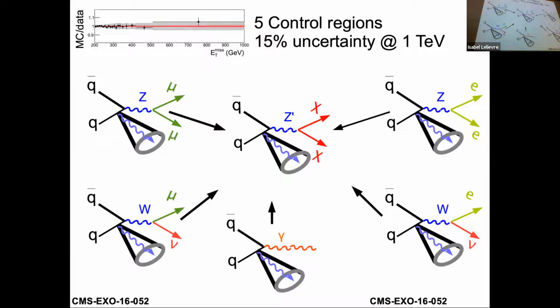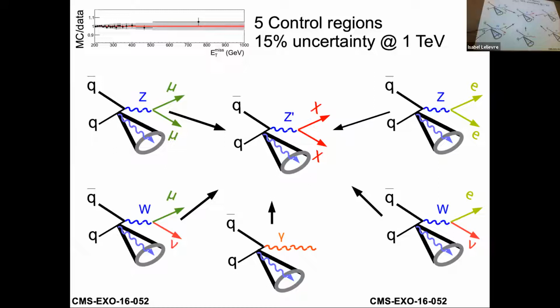All right, so now I just want to flash through many results and show you MET plus X. Once we got this technology of using Z bosons to constrain Z bosons, W bosons to constrain Z bosons, photons to constrain Z bosons, we basically cloned this strategy for every final state that we could.